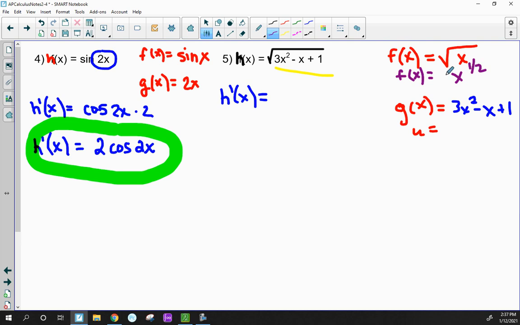You're going to take 1/2 times 1, get a 1/2 here. You're going to drop down the actual function, and so that's going to be this piece. Then you're going to subtract 1 from 1/2. So 1/2 minus 1 is a negative 1/2.